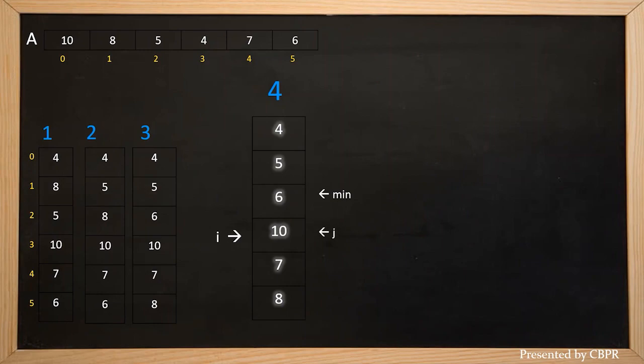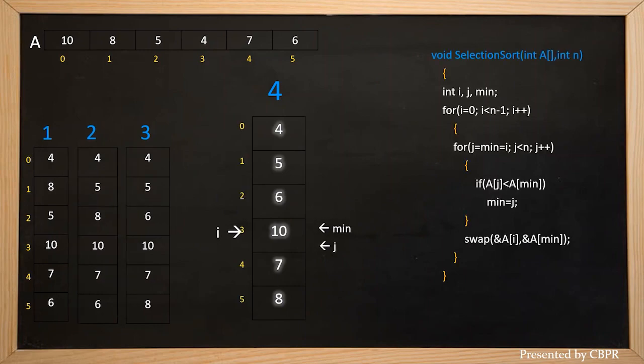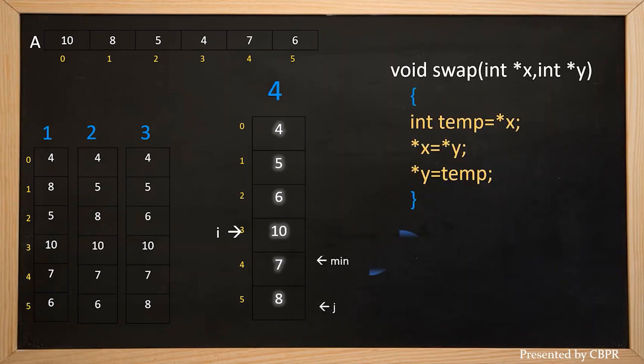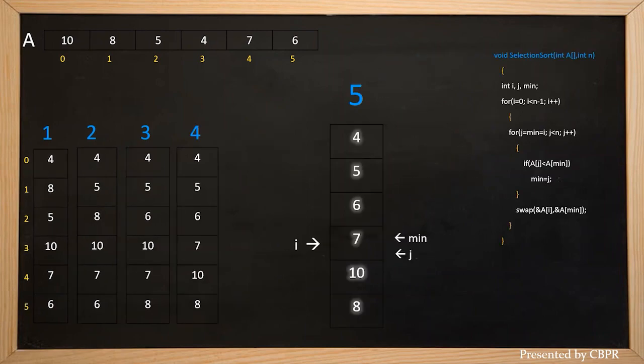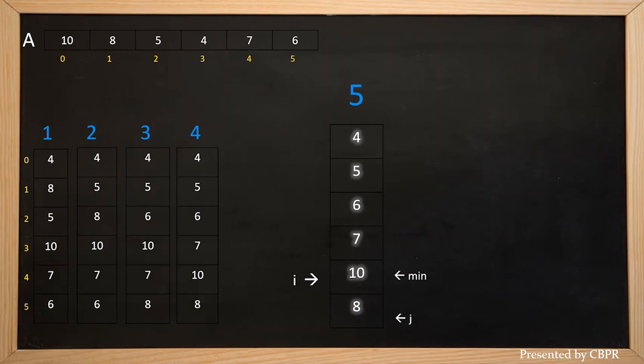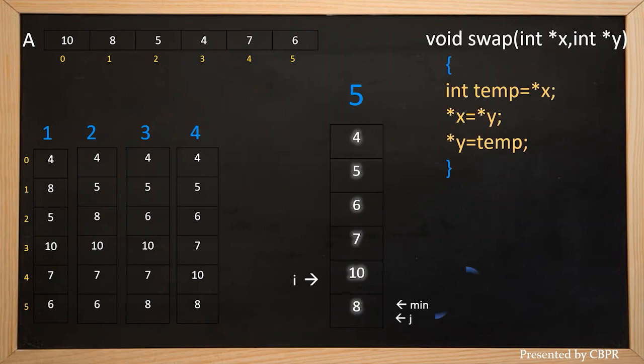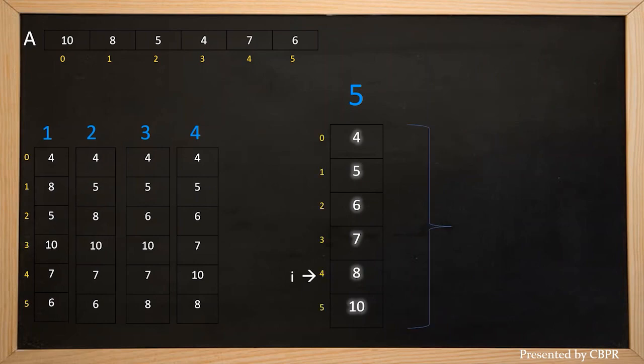Again, the fourth step starts from the fourth position of the array. Same for the fifth step also. Since 8 is less than 10, the swapping takes place between the position and the min value.